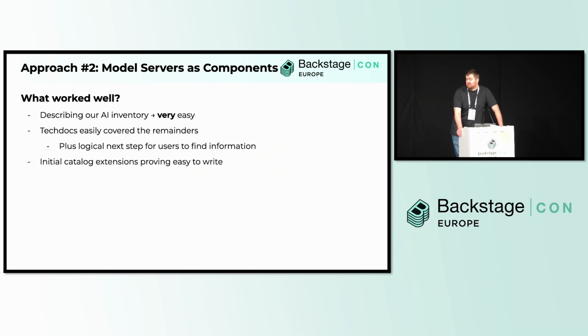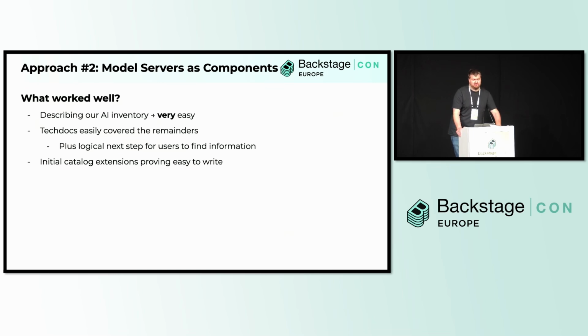So in terms of what worked well, describing our AI inventory was very easy, especially once we got a hang of the mapping of the resources to the corresponding catalog types. And then tech docs easily covered the gaps in terms of what we couldn't cover out of the box with the native catalog types.